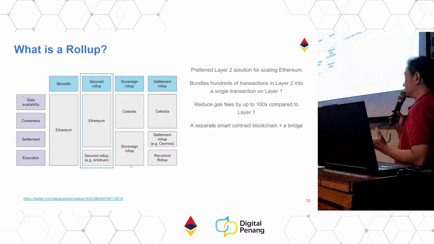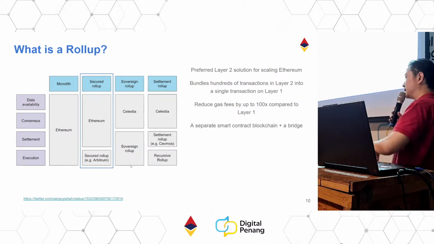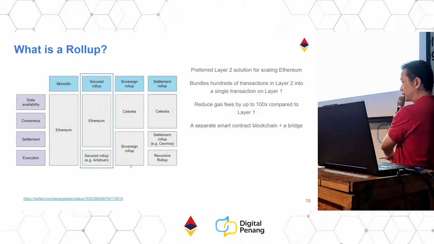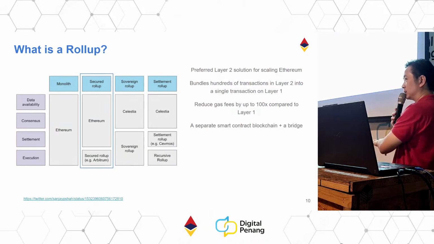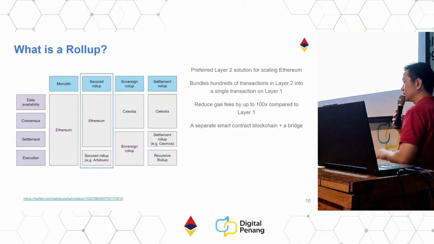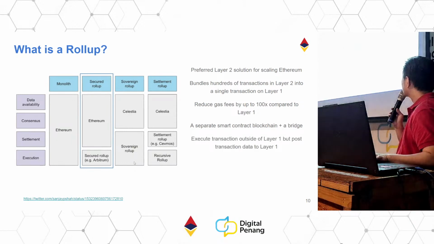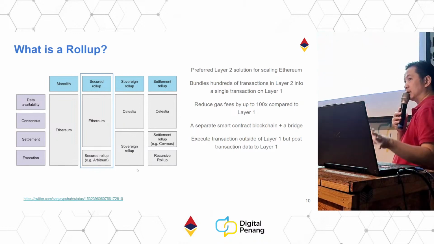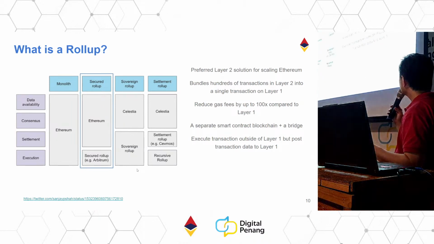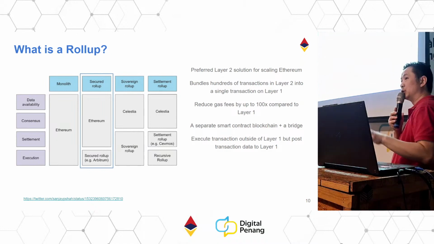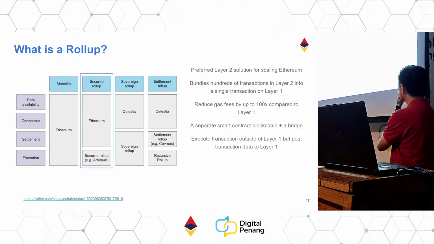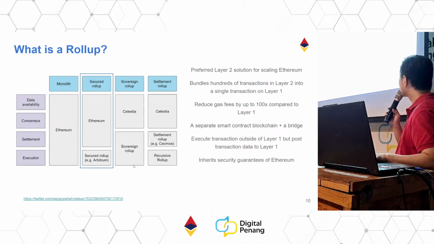And what is a rollup? A rollup is basically just a separate blockchain plus a bridge, right? So it's not part of Ethereum. It is a separate chain, but it relies on Ethereum for its security. The rollup will execute transactions outside of layer 1, but will still put the transactions back to Ethereum layer 1.